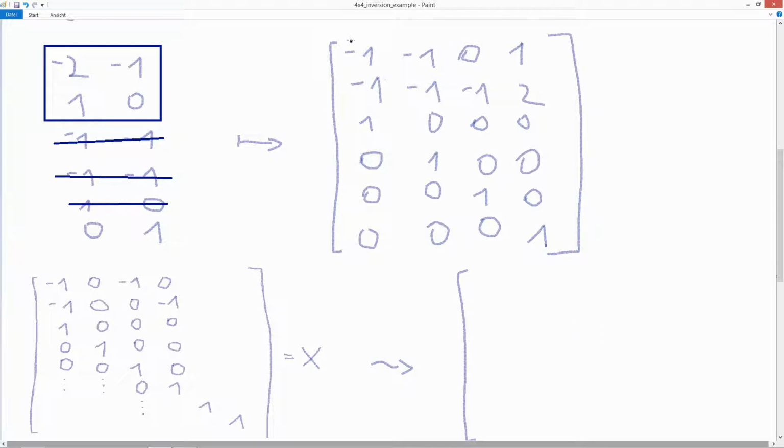So the first column, we get -1 times -1 is 1, plus 0 times -1, plus 1 times -1, which is 0.